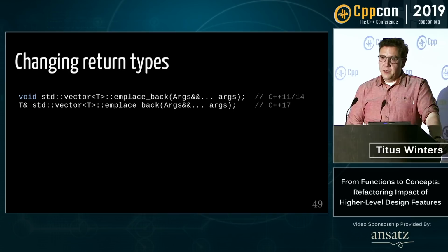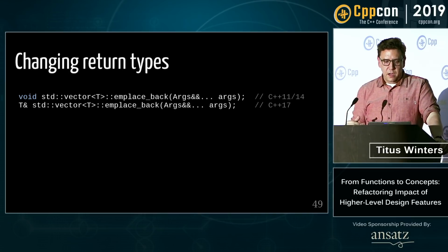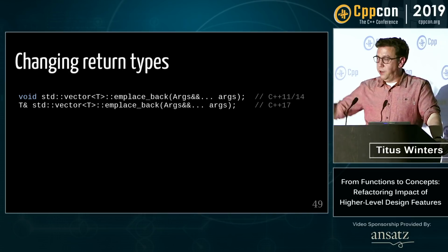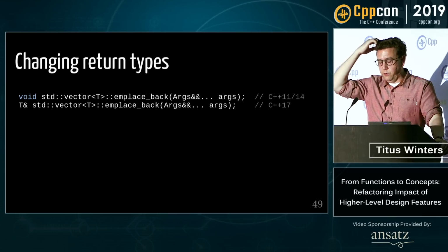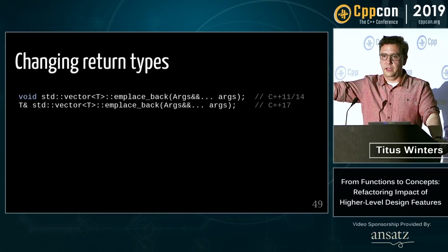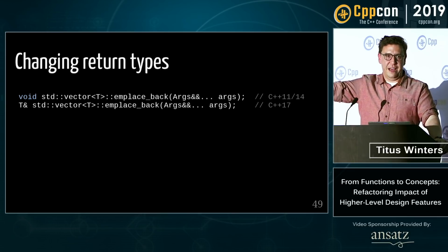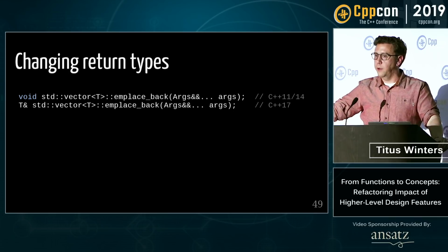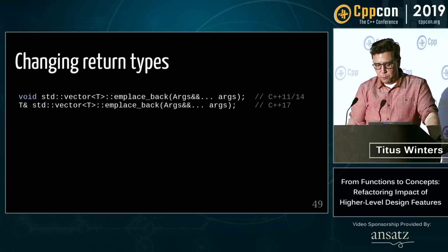And in fact, the committee, which is pretty good about not breaking people's code most of the time, already did this once between 14 and 17. We changed emplace_back to return you a reference to the newly emplaced thing. Right? We don't believe that people are returning the value of emplace_back enough for us to worry about it. I think we're probably right.